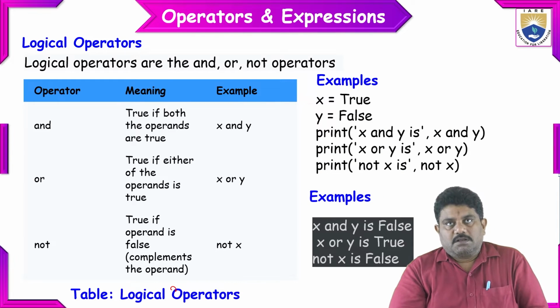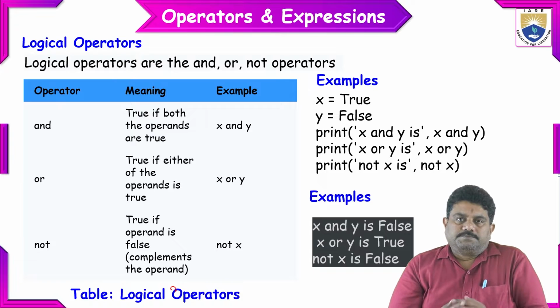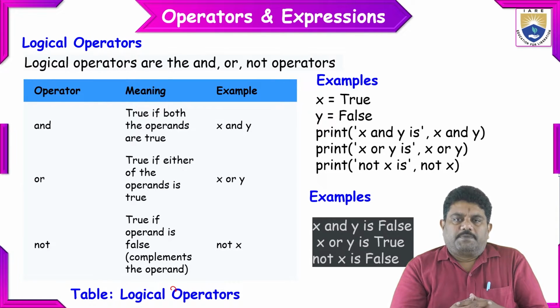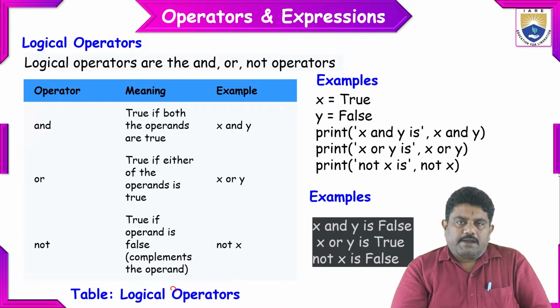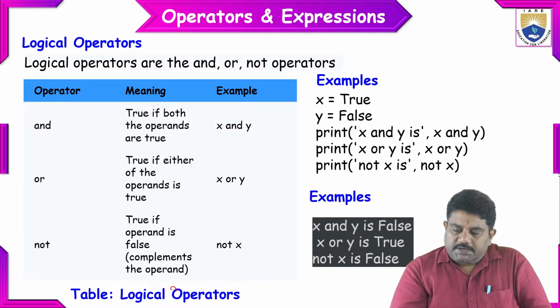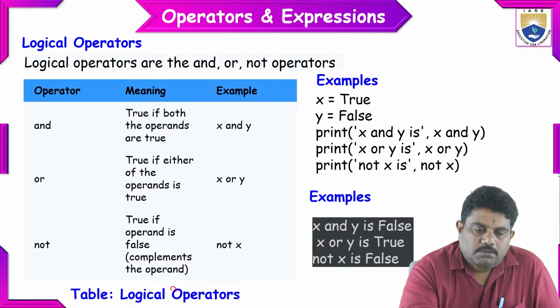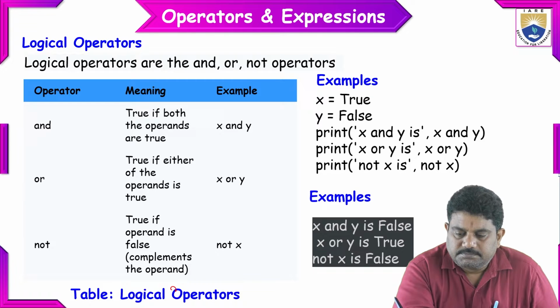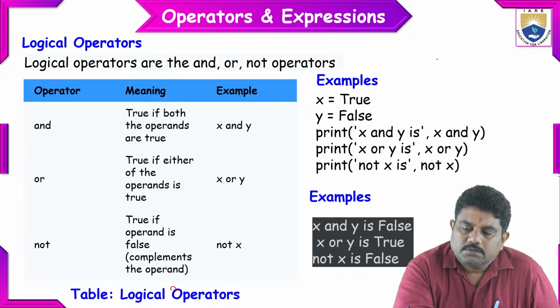Logical operators. In logical operator, to perform the logical operations among two operands, we use the logical operators and, or, not. These are the logical operators. So we know that logical operators. So when we're dealing with, for example, so we know the logic gates in electronics subject.